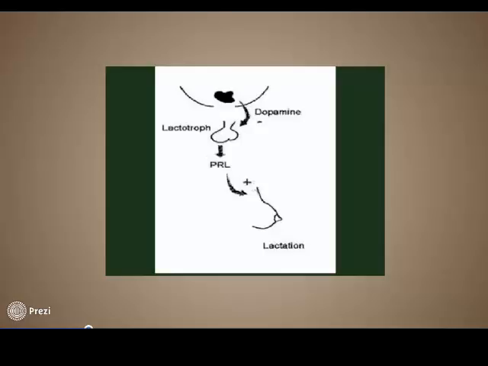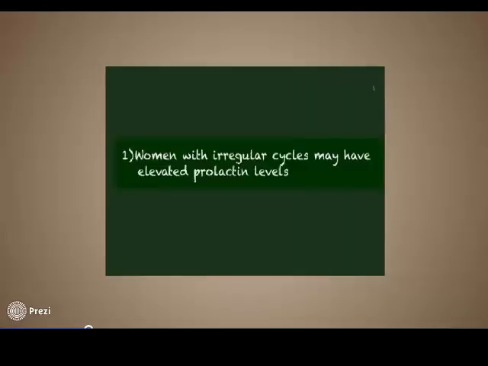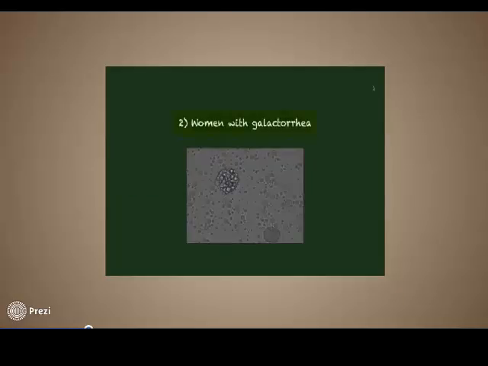Normal serum prolactin levels range from 5 to 20 nanograms per ml. When would it be appropriate to measure prolactin in one of your patients? Well, the first would be in a woman with irregular menstrual cycles, since prolactin can be a primary cause for amenorrhea or irregular cycles. The second would be women who experience galactorrhea.